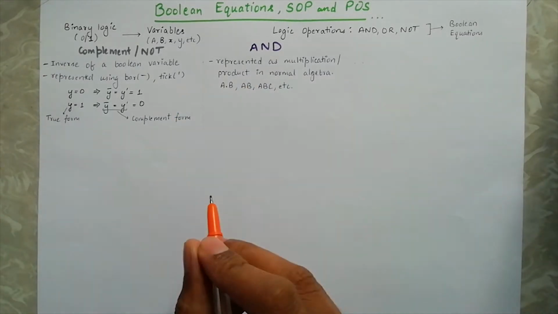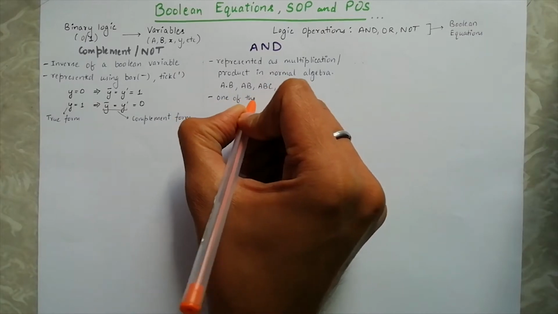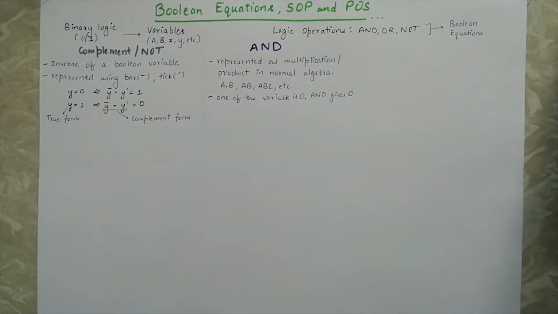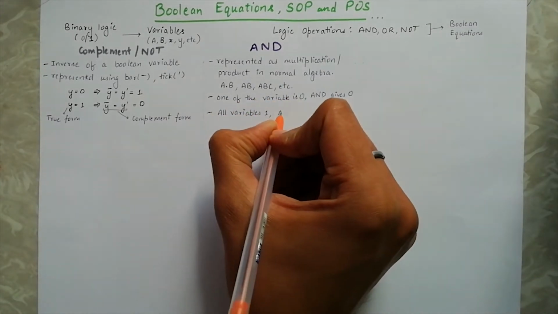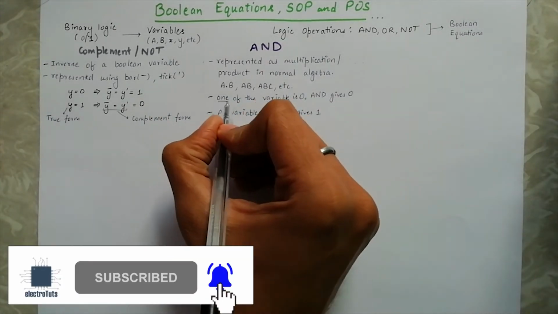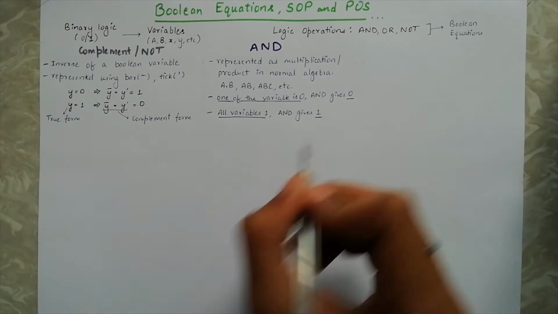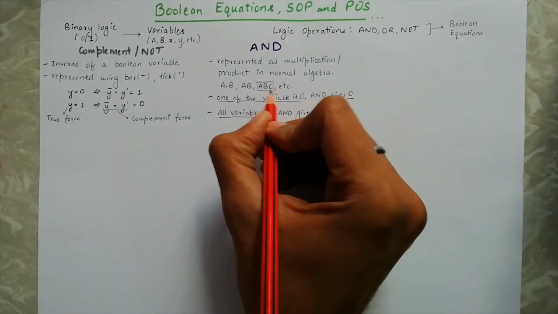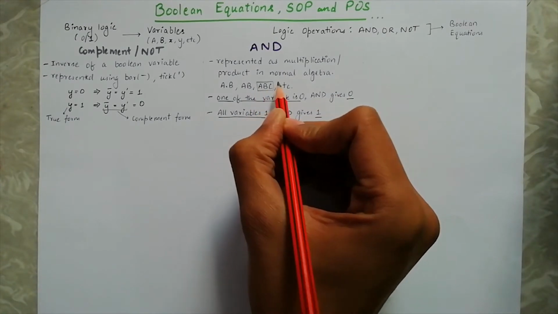If even one of these variables has a value of 0, the whole AND expression evaluates to 0. And for this to be 1, all the variables must be 1. So basically, this expression is 1 when A and B and C are all 1.